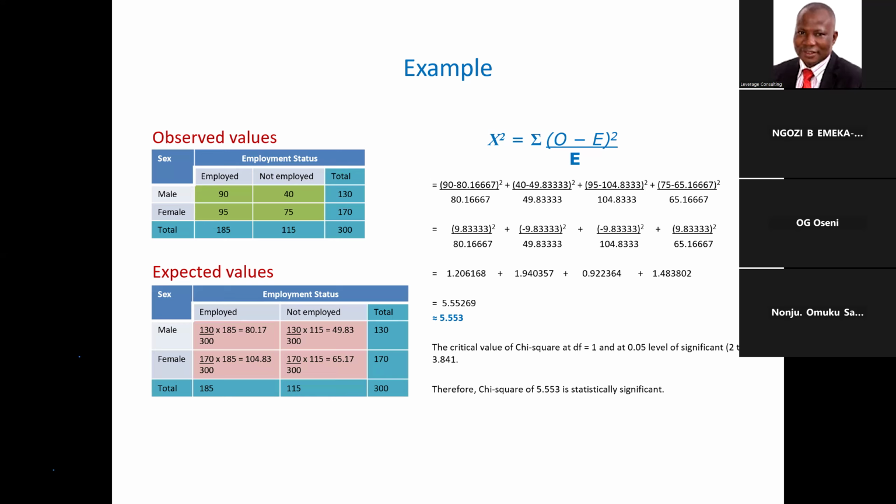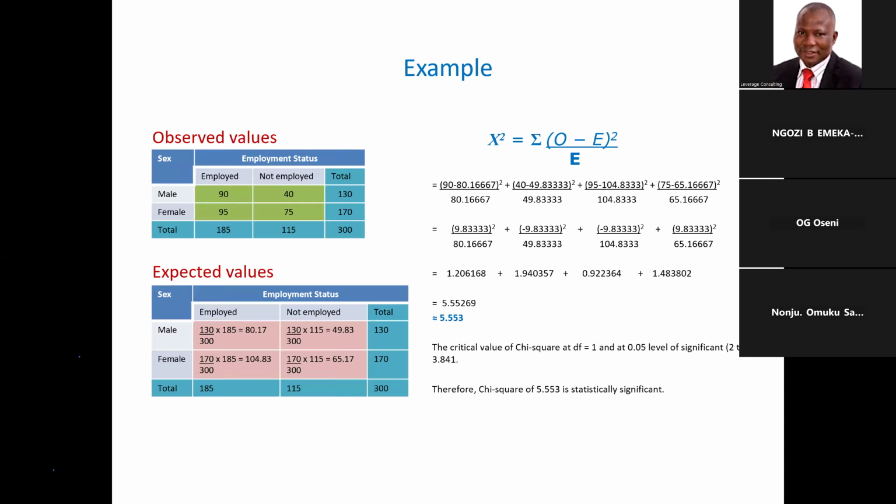So male should have been about 80 and female about 105 before you can say the proportion of male and female employed are the same. If you convert 80.17 and 104.83 to percentage, 80.17 over 130 and 104.83 over 170, you see the proportion will be the same.